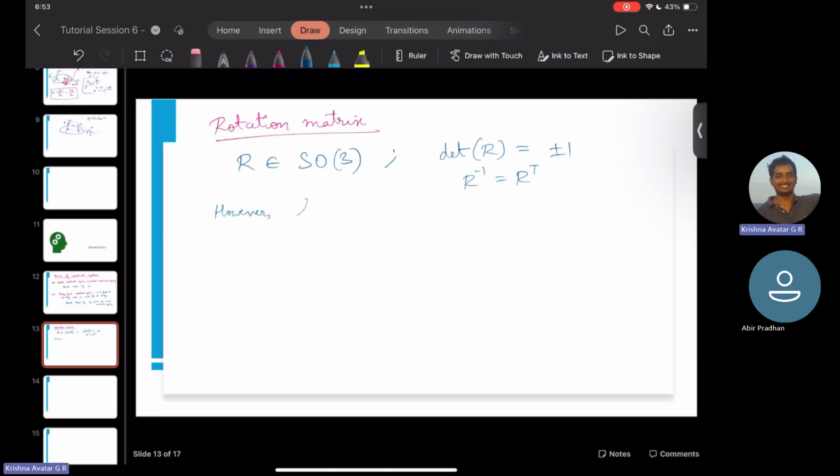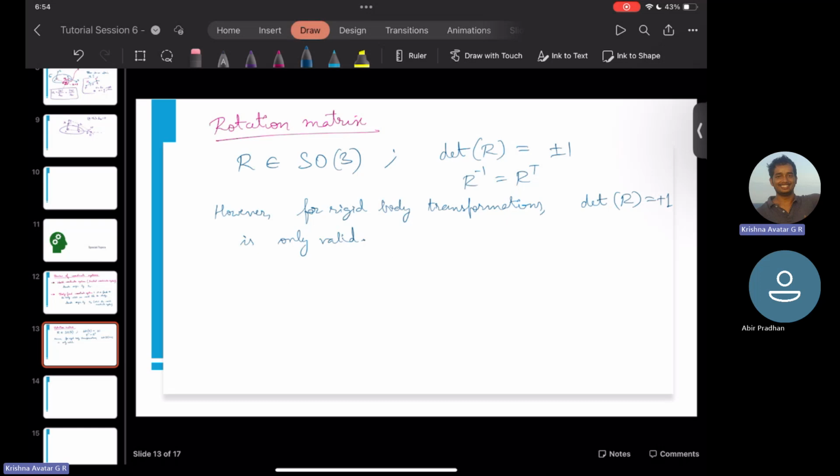However, for rigid body transformations, I think that's a better word, only those with determinant plus 1 are valid.